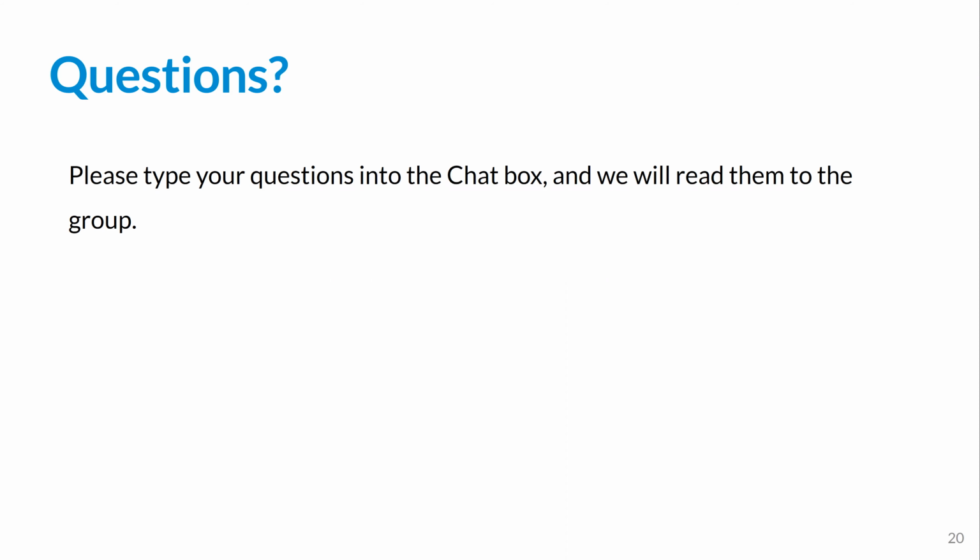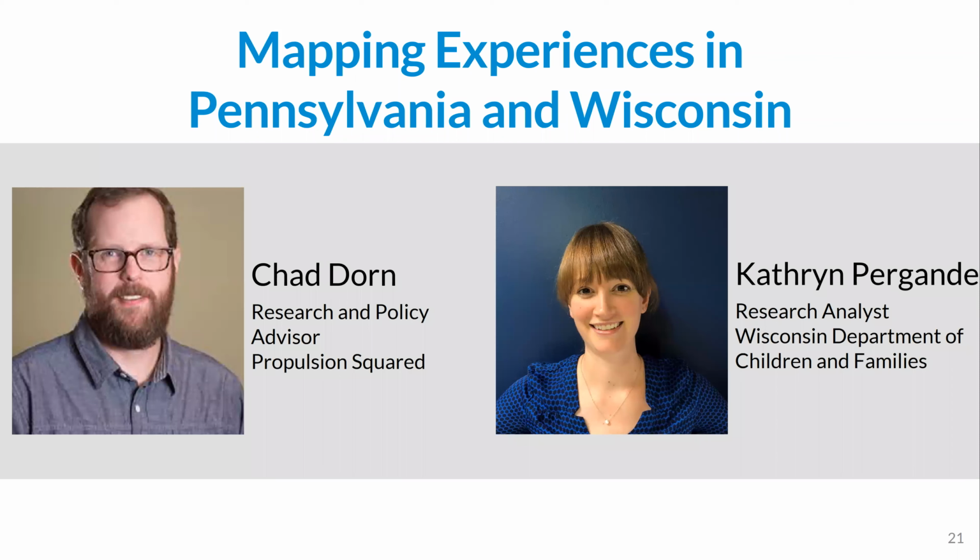I'm going to go on to our next slide, which shows you our next two presenters. Our first presenter will be Chad Dorn, who's worked as a research partner to the CCDF lead agency in Pennsylvania on their CCDBG implementation research and evaluation planning grant. That's a mouthful. Chad is a research and policy advisor at Propulsion Squared, and he will talk about how mapping has been used to inform policy decisions in Pennsylvania.